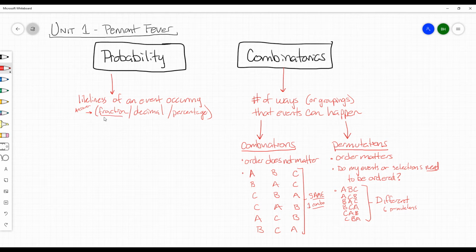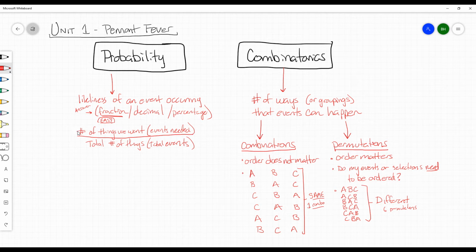Fractions are easier to create with probability because it's the number of things we want, or the events needed, divided by the total number of events, or you could just say total events, depending on what you're talking about.